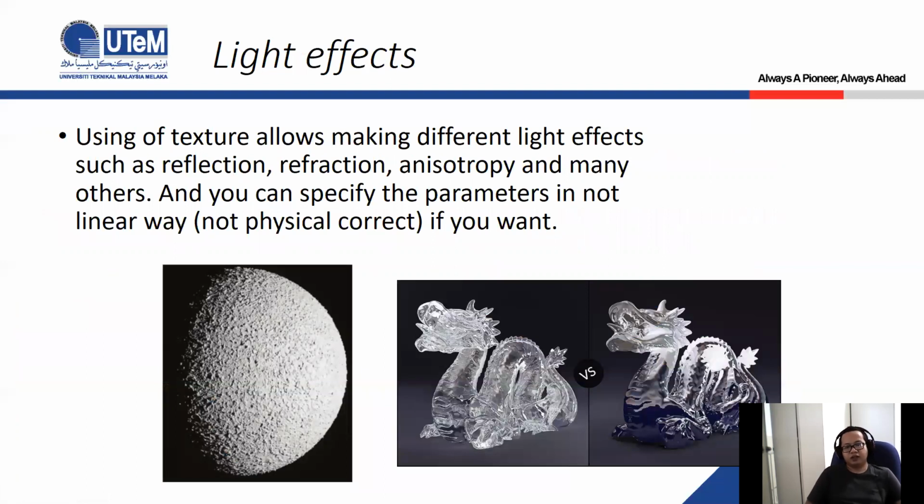Using texture allows making different light effects such as reflection, anisotropy, and many others. And you can specify the parameters non-linearly, or not physically correct if you want. These are different impressions of texture.